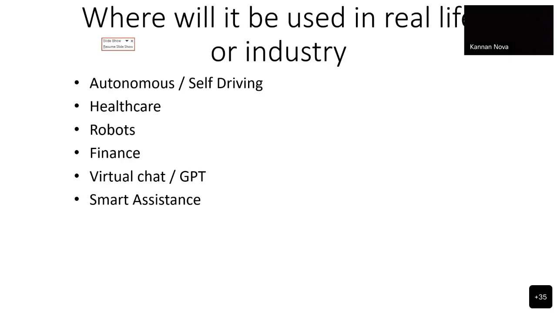Robotics will be used in supply chain management or the manufacturing industry, or even a Tesla car is built with robots. Humans are not involved, or less involved. Most of the body building and car building, everything will be done by robots. So especially in the manufacturing industry and logistics industry, we use AI.